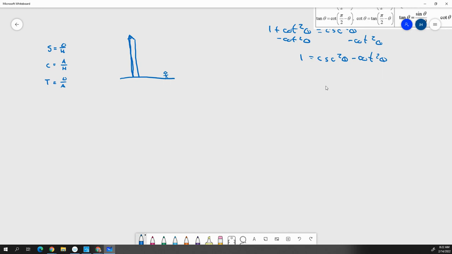Right? He's a surveyor, and he is 115 feet away from the National Monument, from the base.